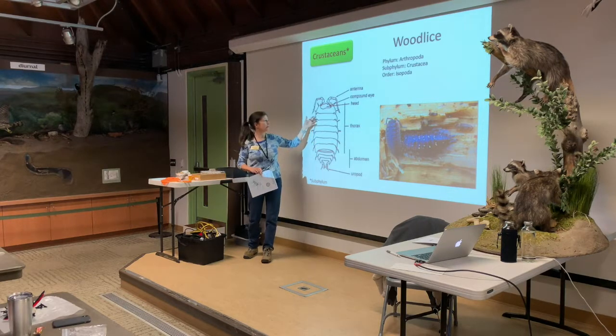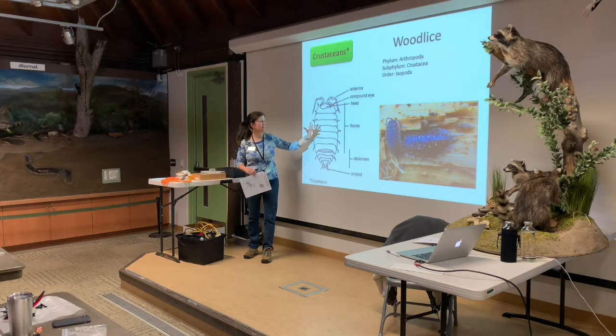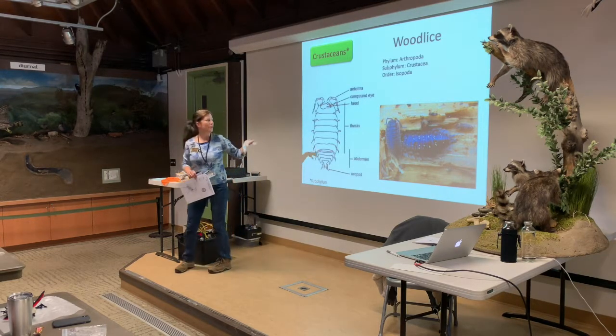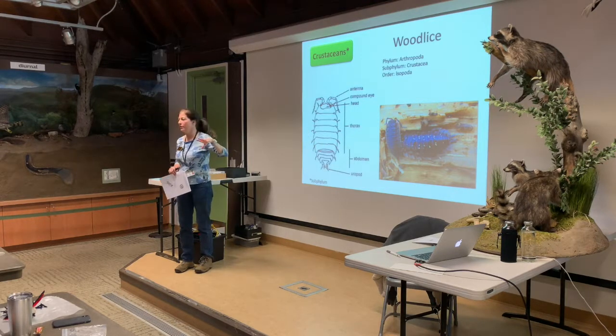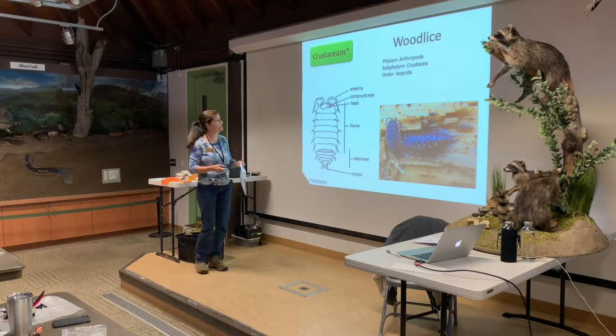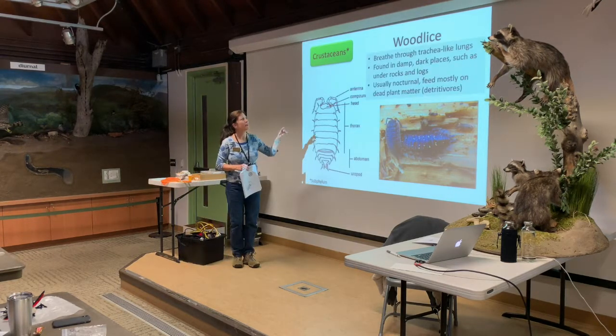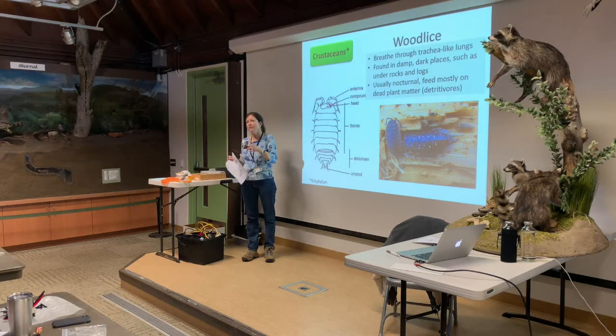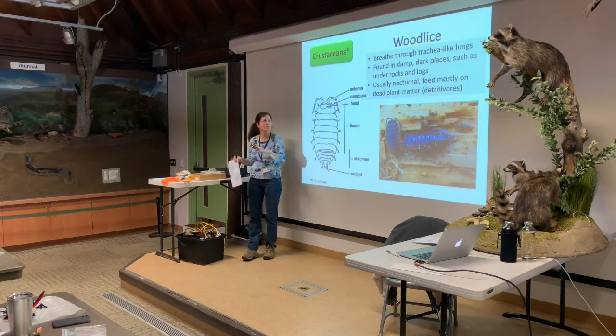They have kind of trachea-like lungs, and they tend to lose a lot of moisture easily. So they tend to be in areas that are moist, under decaying logs, because they typically like to eat dead material. Unless you have a nice vegetable garden and then they're going after your carrots or whatever else happens to be close by.